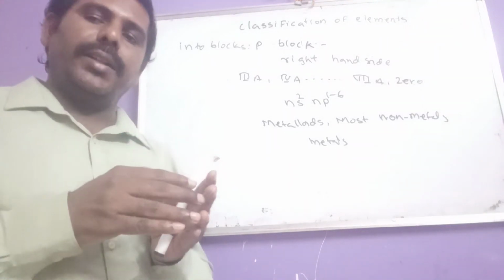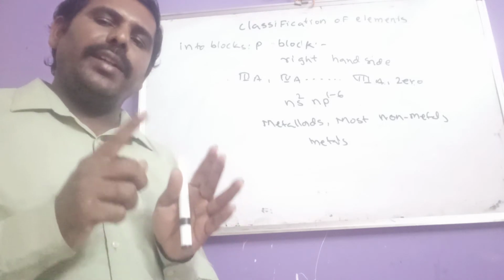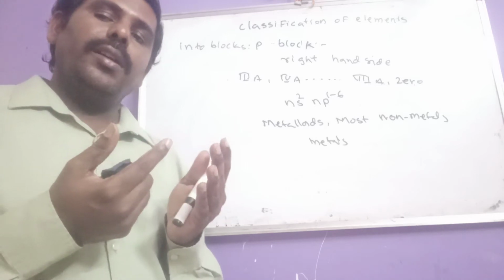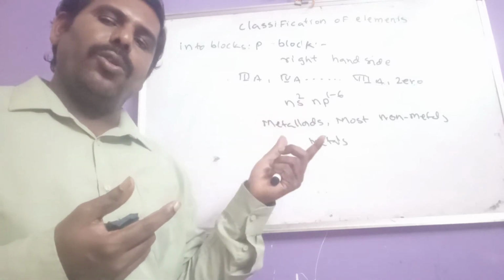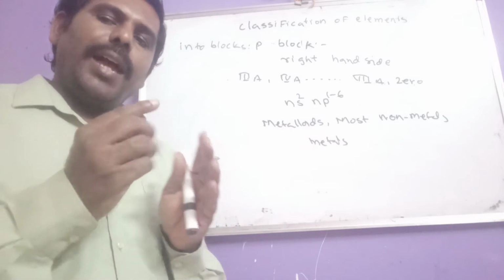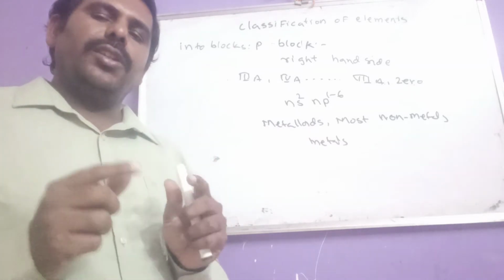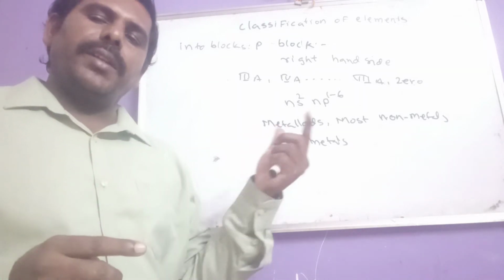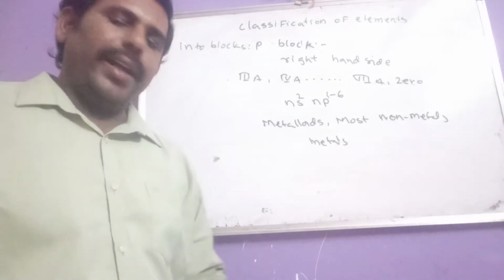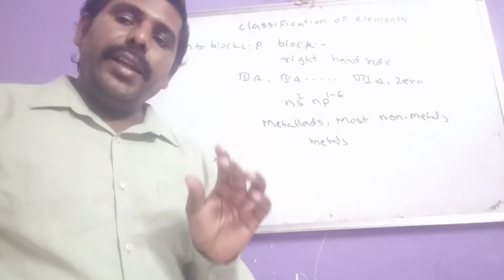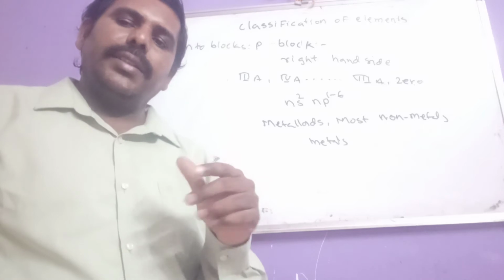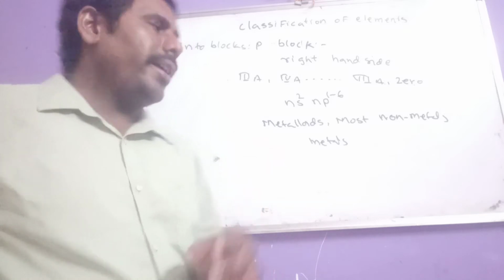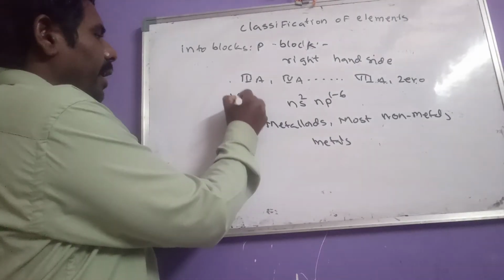Generally, all the gaseous elements are present in p block only, except hydrogen, and you can say helium also. Actually, helium is present in p block only, but there is an ambiguity, a doubt in that place. Now all the gaseous elements except hydrogen are present in p block only. Actually, it is not correct to place helium in p block elements, because helium's configuration is 1s2.